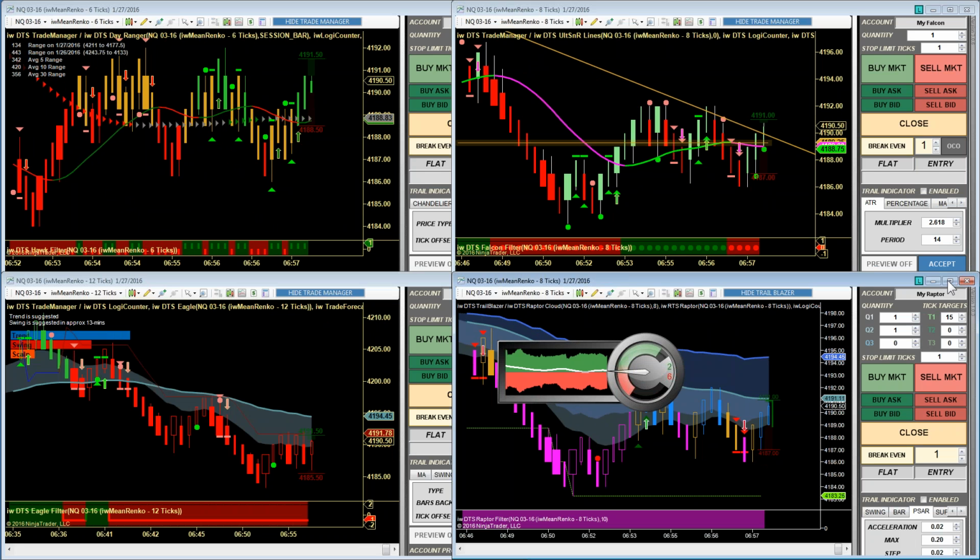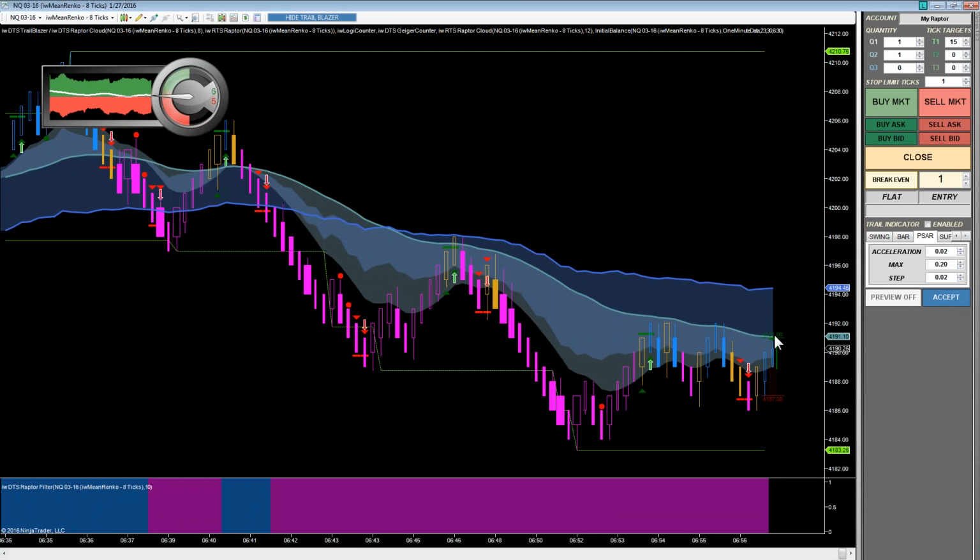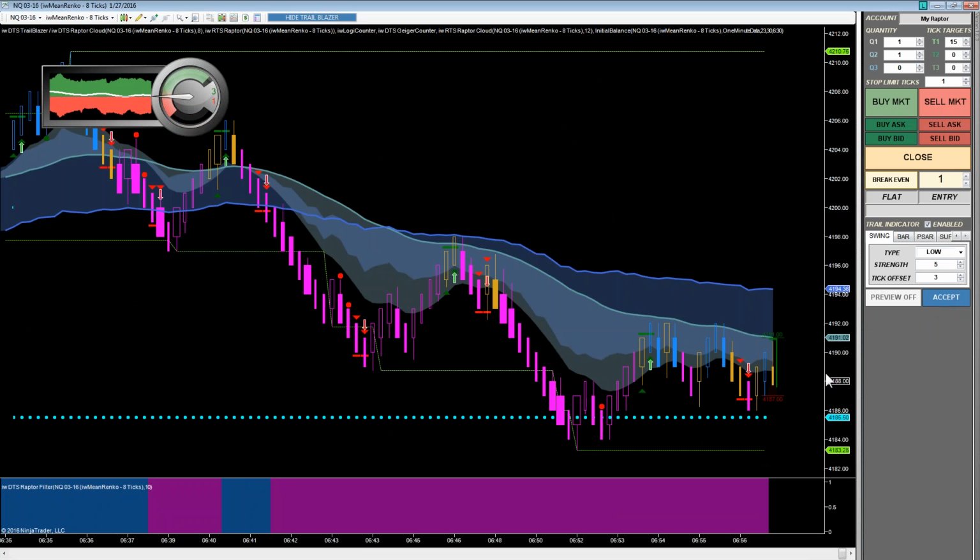In fact, it looks like we're getting what we call a soft edge buy here in the Raptor. And if we produce that soft edge buy signal, I'm going to show you something here on the Raptor, which makes this Trailblazer unique to the trade manager.